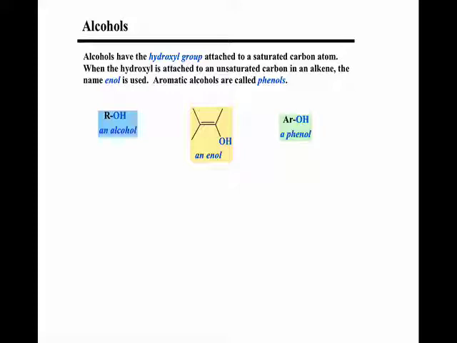The acidity increases, but that means that the pKa actually decreases. So if we know that an alcohol is going to be somewhere around 16, and I can't draw resonance structures for it, what might you predict the pKa of the phenol to be? 10. 10's a good number. 10 to 11 is a good number for a phenol.